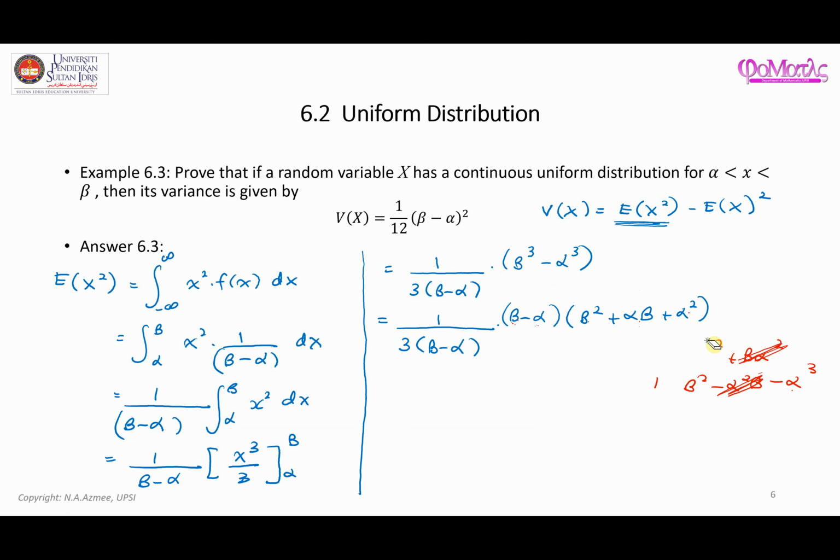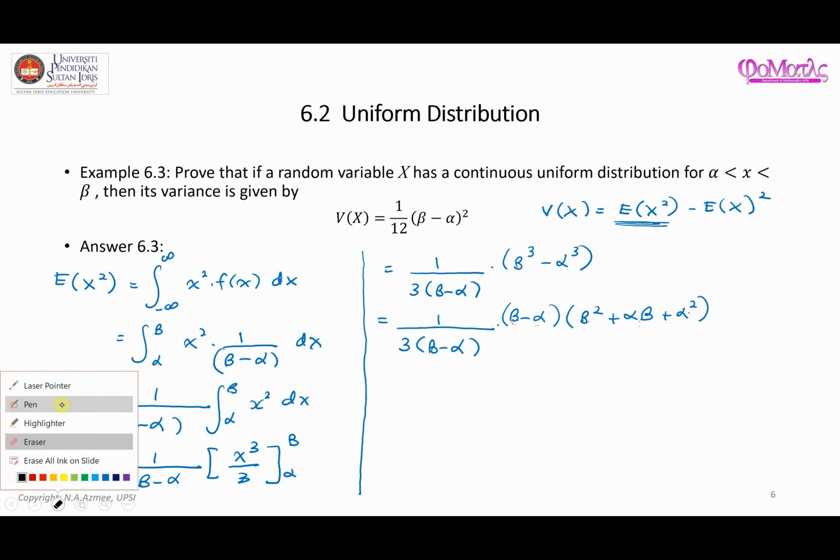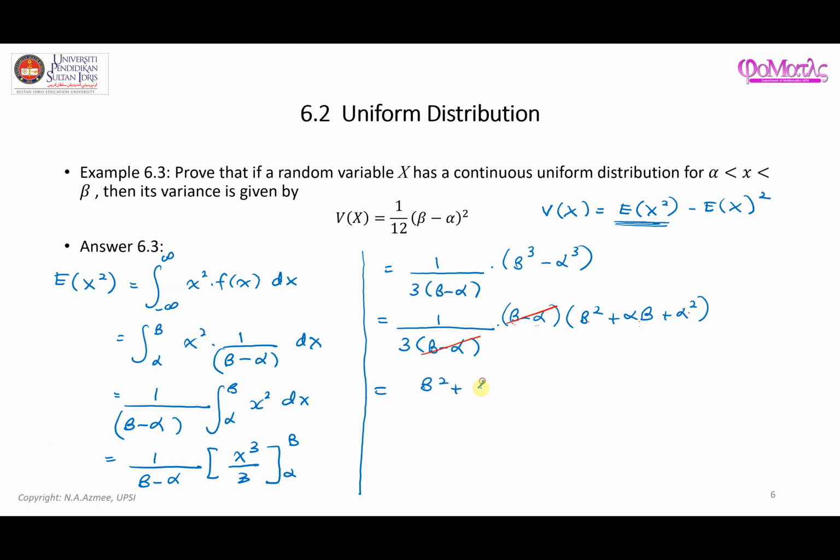Okay, so by doing that, now we can simply cancel out beta minus alpha at the bottom. So we can cancel that out with this guy, and we can write down the result is beta squared plus alpha beta plus alpha squared over 3. So that's the result for the expected value of x squared.